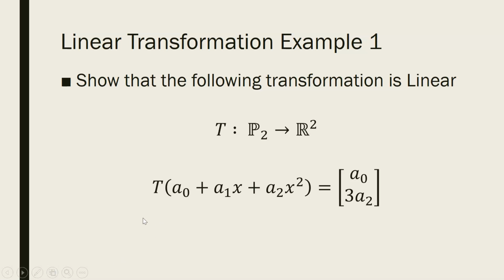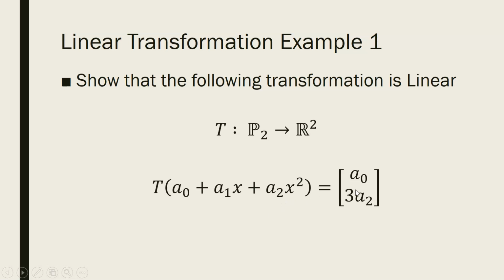So let's try to show if or if not this transformation is linear. In fact, it is, but we'll show that this transformation is linear. Now what we're going to do is take polynomials of degree 2 and less, so any polynomial of degree 2 or fewer can be written as a real number plus a real number times x plus a real number times x squared.